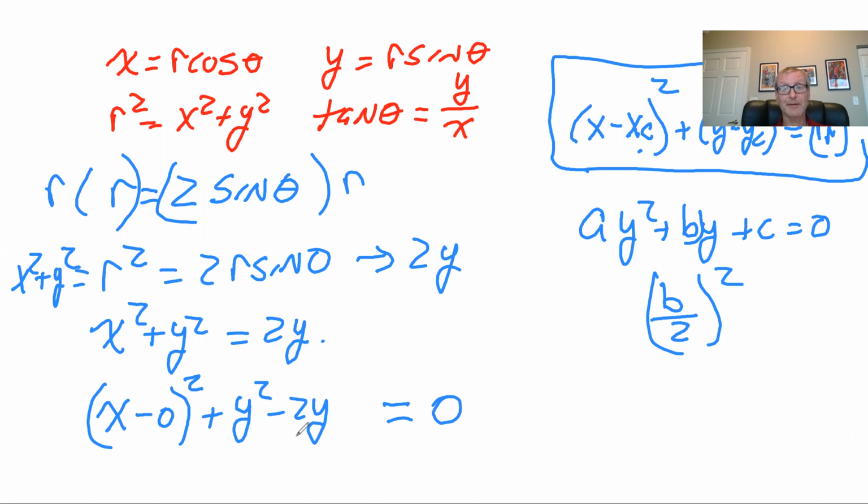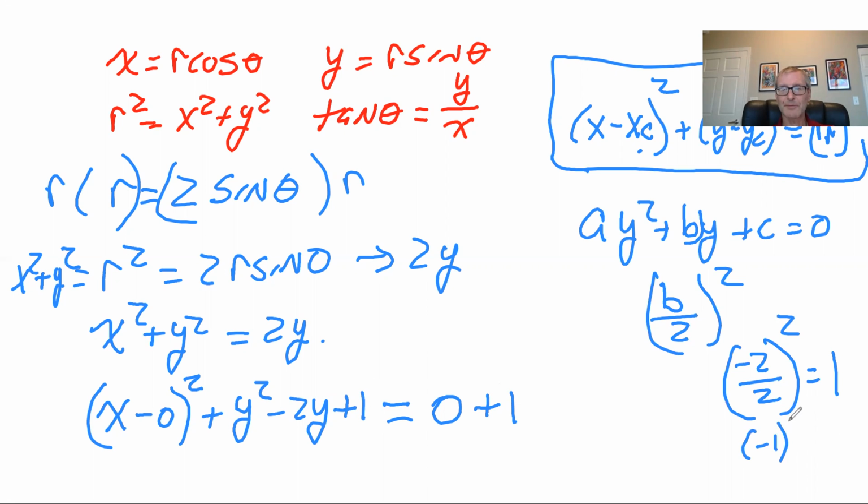So what is it? B in this case is our -2. So that would be -2 divided by 2, which is -1, and when you square that, you get +1. So what you do is you have to add a +1 on this side and a +1 on this side. And so this would be, again, -1 squared.